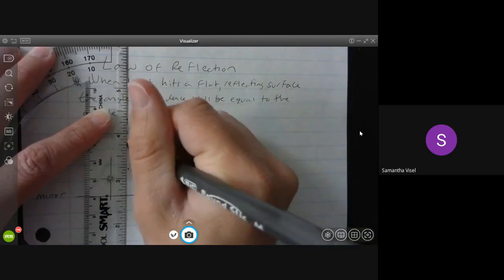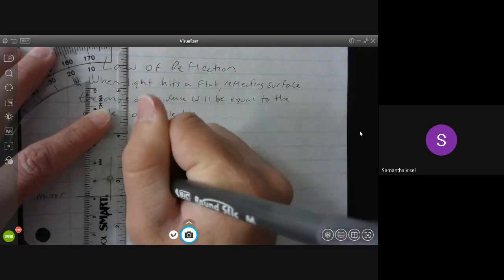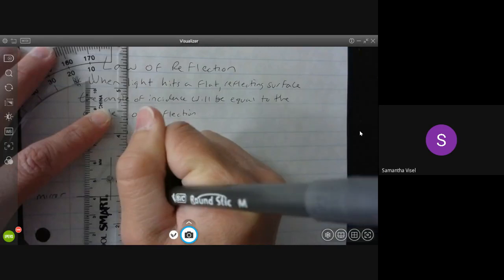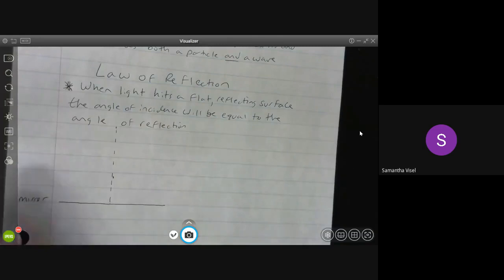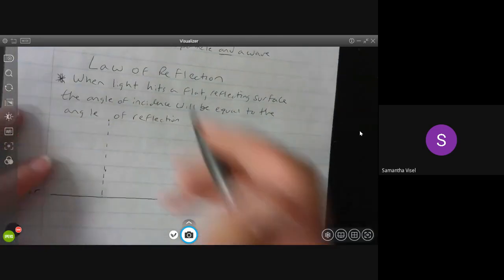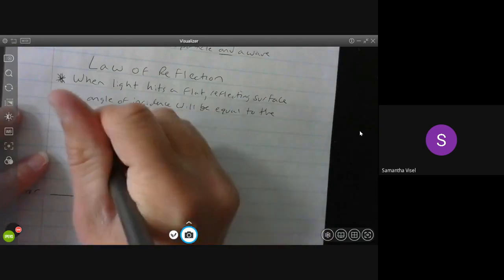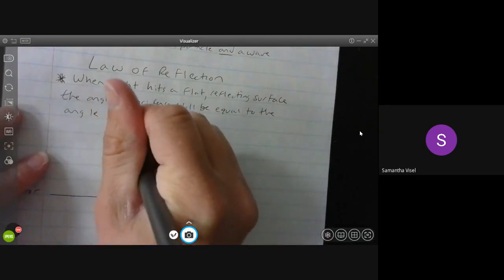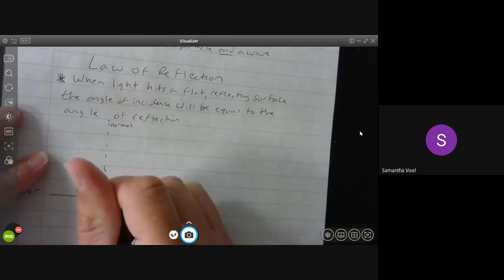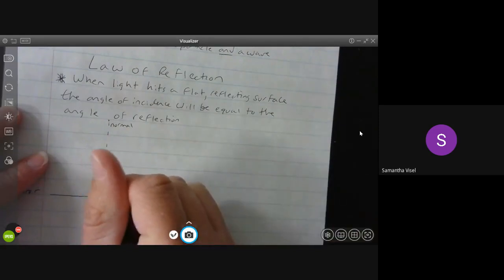And this line that I'm going to make as a dashed line. There we go. Froze for a second. And label this here as the normal. A little box here shows this is a 90-degree angle.